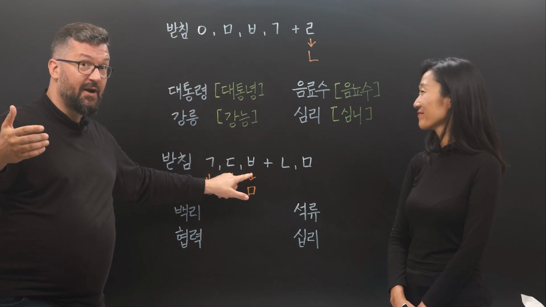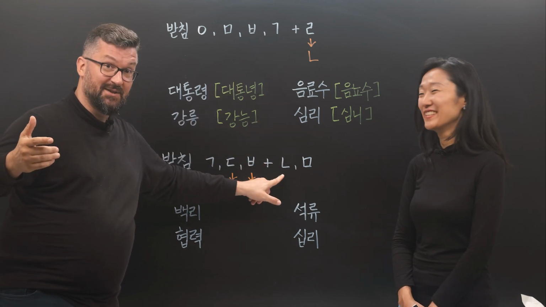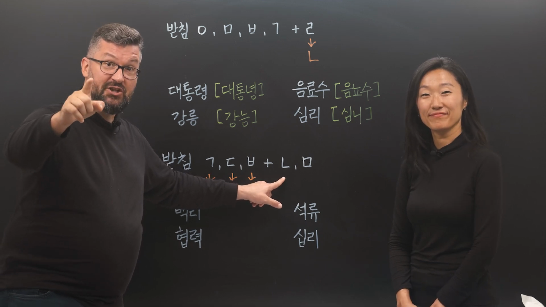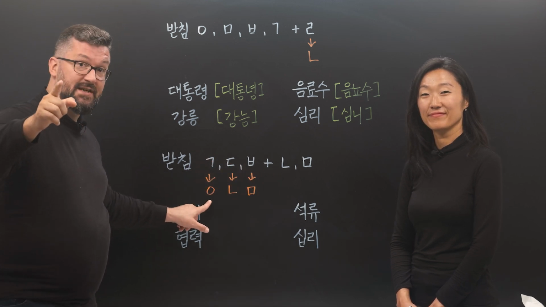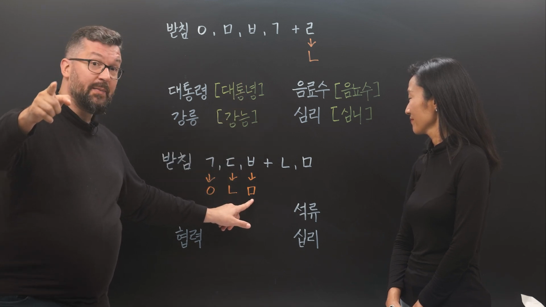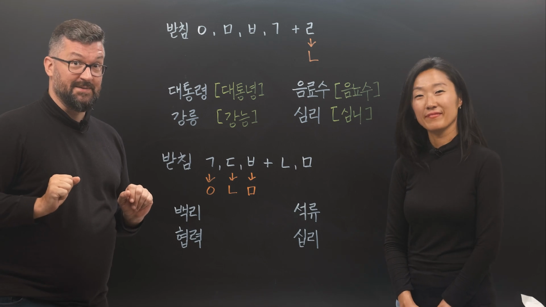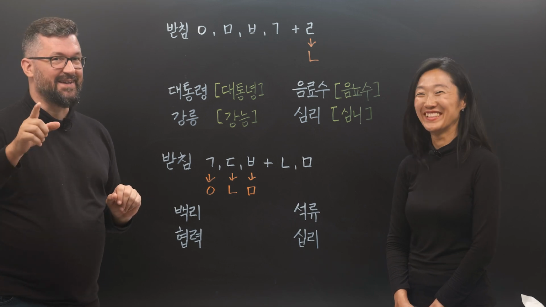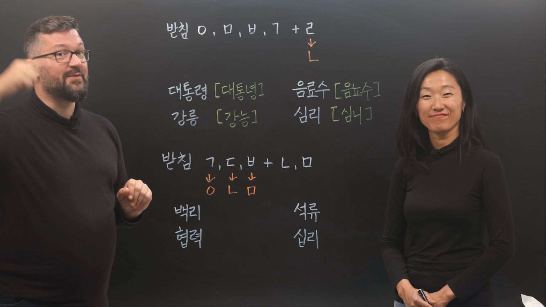So we have a situation where b or g meet n instead of r because it changed. So what happens? R becomes n, but when g meets r, g becomes eng, and when b meets r, b becomes m. It's probably good if we take a look at some examples. It sounds difficult. No, it's not that hard. It's just that two rules apply, and you have to think through one rule after the other.